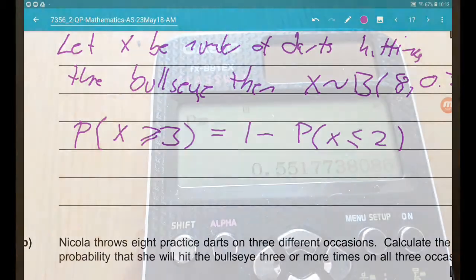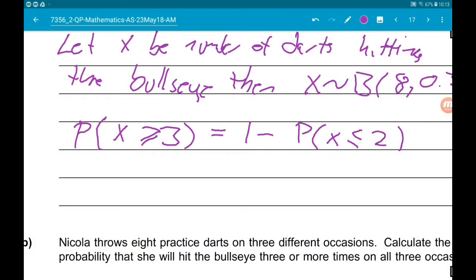Okay, so if we take that probability to 3 decimal places, we know then that the probability x is less than or equal to 2 is 0.552.